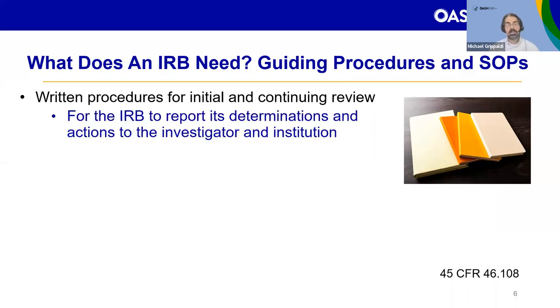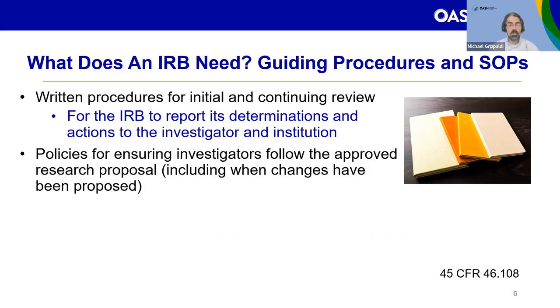The IRB needs to notify the investigator and the institution of its determinations, say whether the research was approved or might require changes before it can be approved. This is normally submitted through a letter that's electronic, right? You can email or through your IRB system, you get a notification, but that's up to each IRB to decide how that's done.